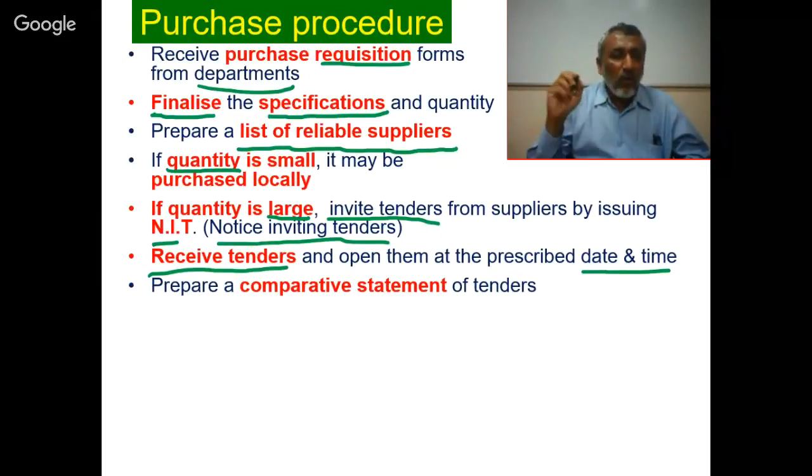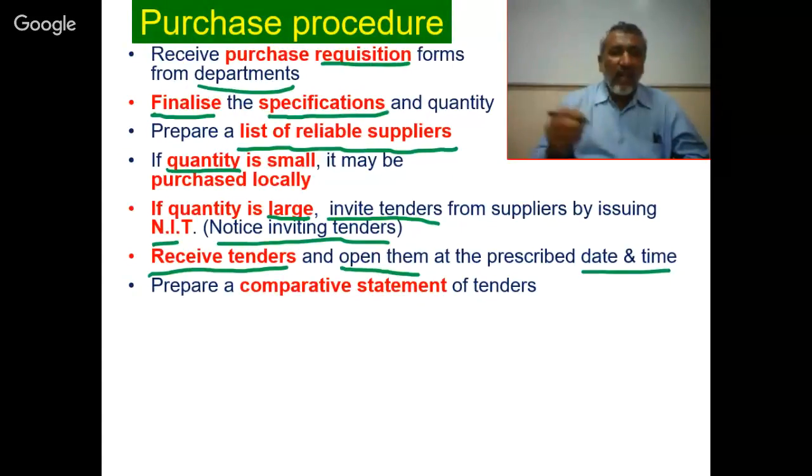The company will not open the tender. It will be opened at a prescribed date and time, and the representatives of the companies which have given tenders are allowed to be present at the time of opening the tender for a transparent process.